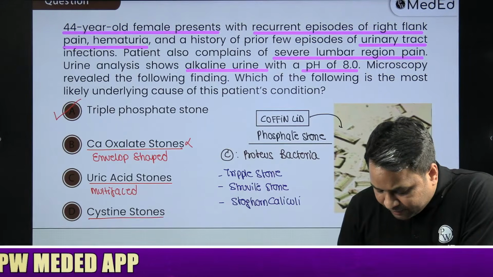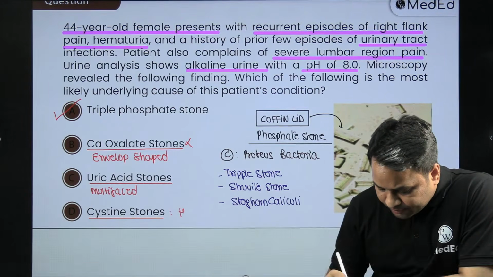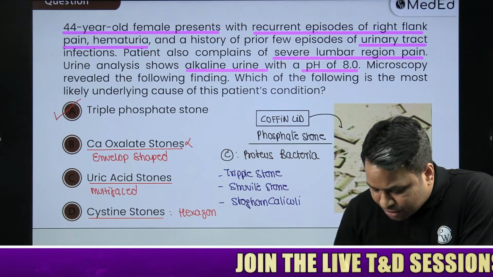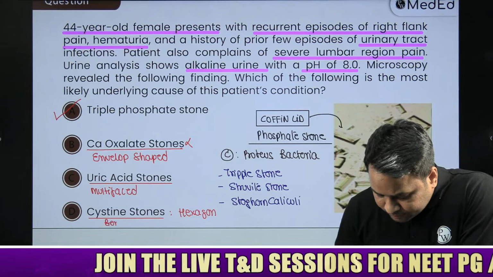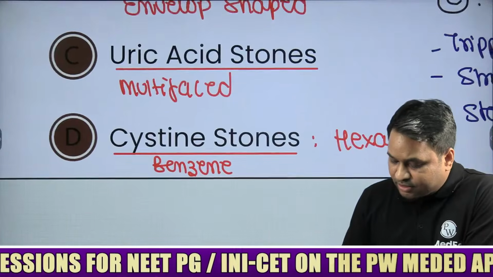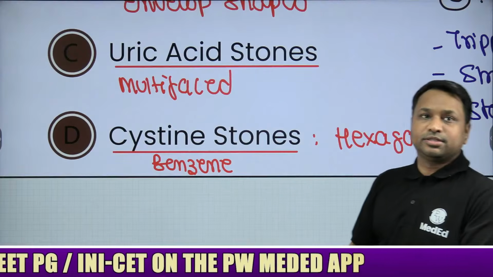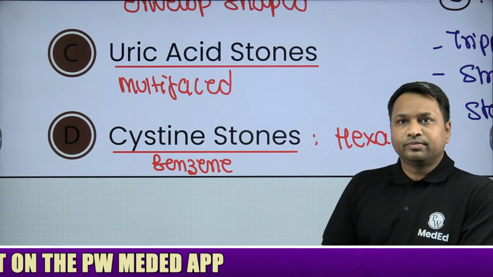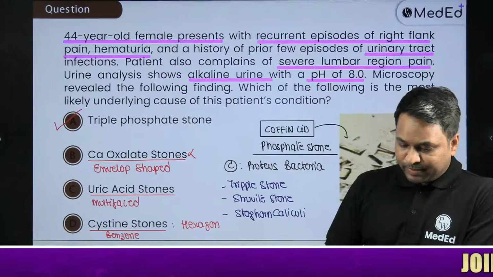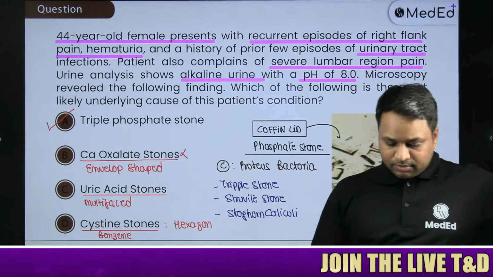Cystine stones will have hexagon shaped crystals, also called benzene shaped crystals. So this is with respect to coffin lid crystals.